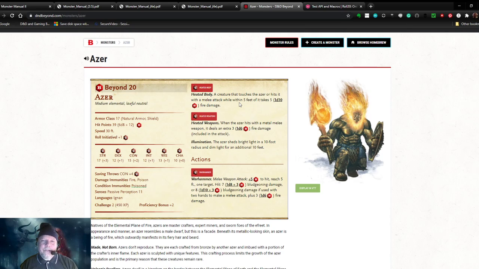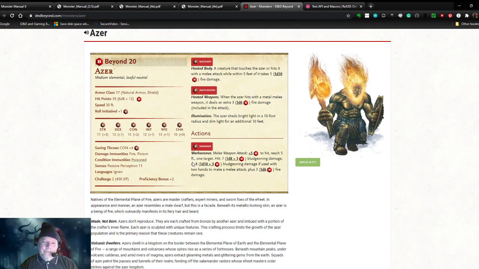Heated body. A creature that touches the Azer or hits it with a melee attack while within 5 feet will take 1d10 fire damage. And then when the Azer hits with a metal melee weapon, it deals an extra 1d6 fire damage, which is included in the attack. And it sheds bright light in a 10-foot radius and dim light for another 10 feet.